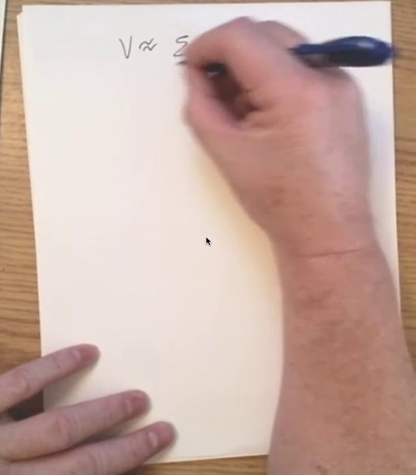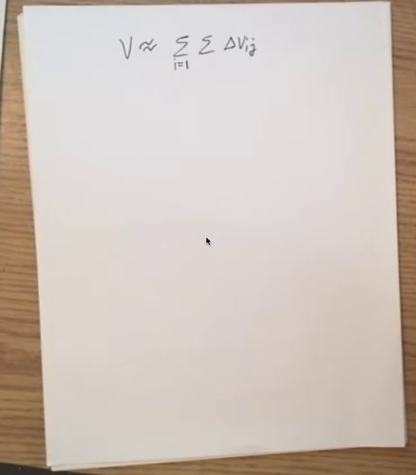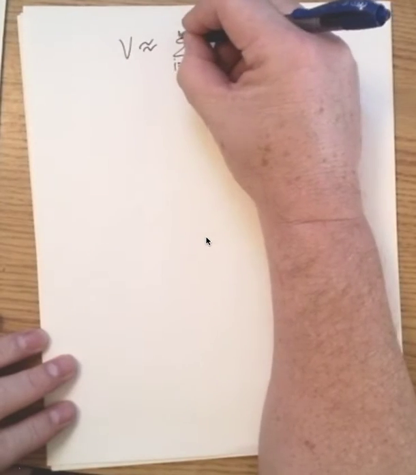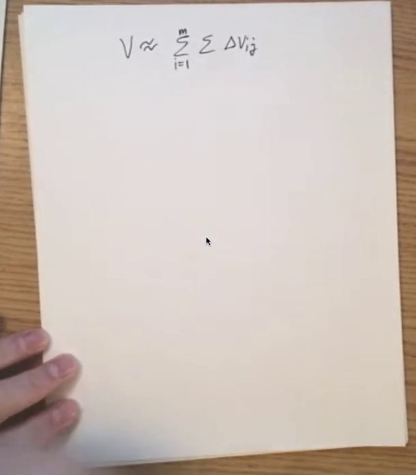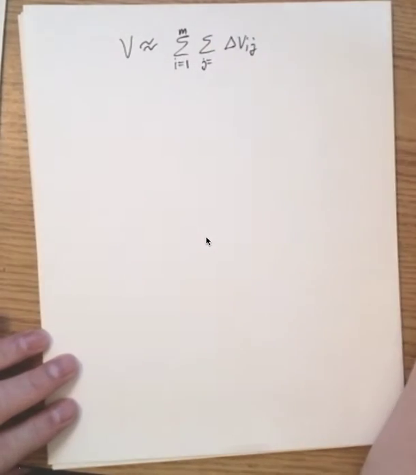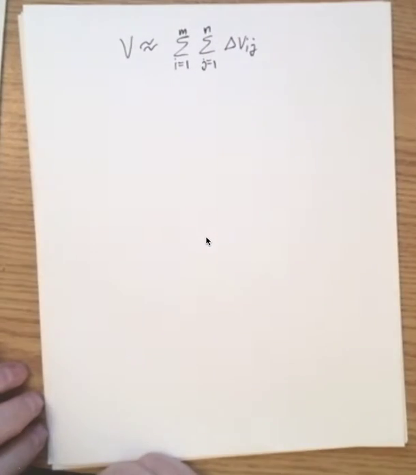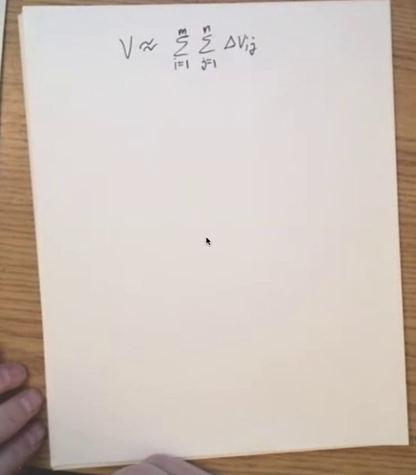I've got 1, 2 to m subintervals. j is going from 1 to n. That's what I would be doing.